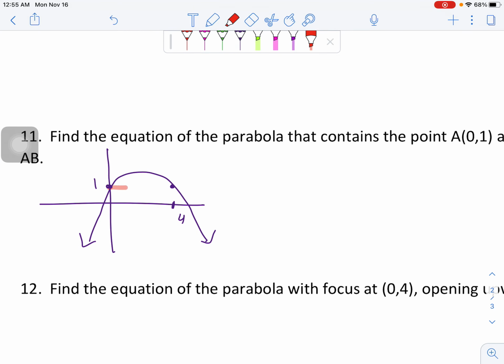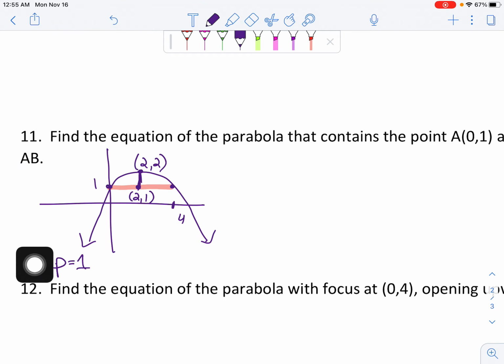Okay, so I know that latus rectum is 4 units long, which means my p-value is 1. I'm going to go halfway between there to get my focal point, which would be the point 2, 1. And I'm going to go up 1 unit, so that would be 2, 2 for my vertex.